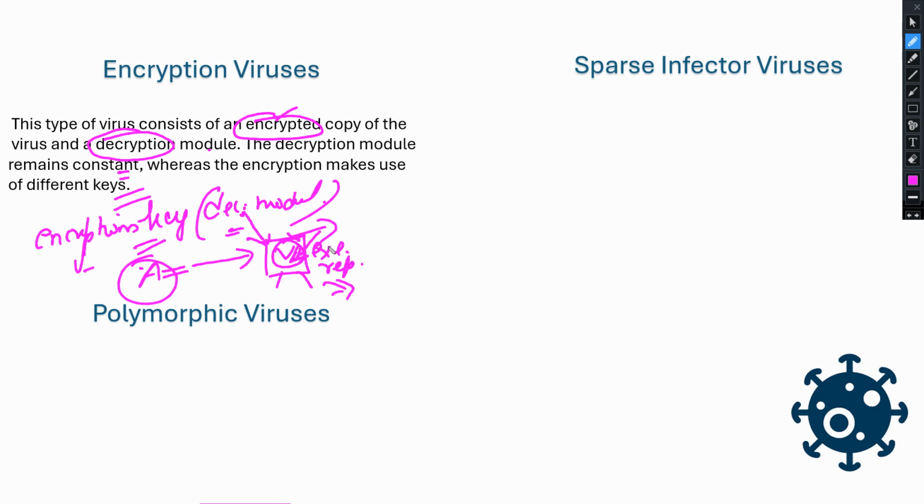So this is a little bit about encrypted viruses. Basically, these types of virus are hard for scanners to detect. The virus scanner cannot detect the encrypted virus using signatures, but it can detect the decryption module.